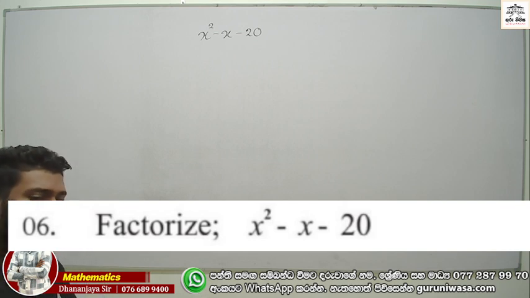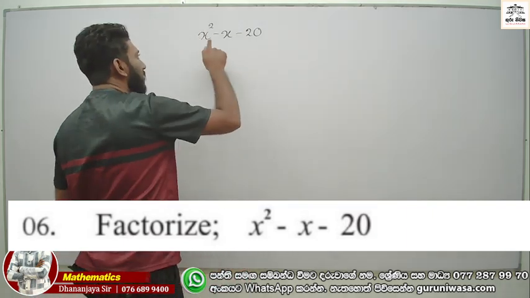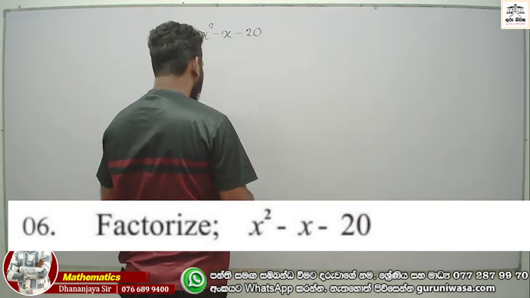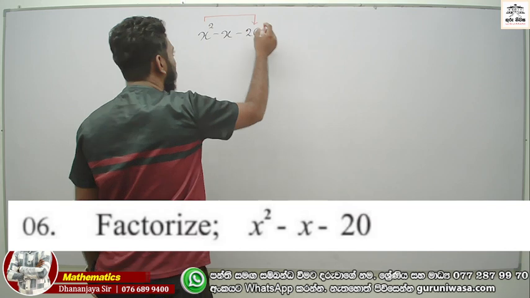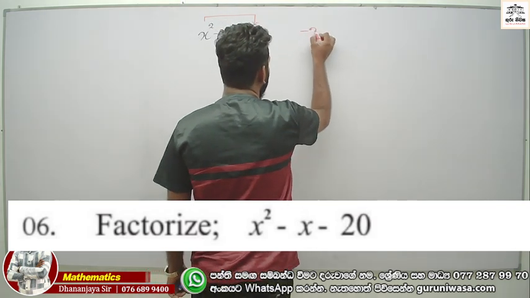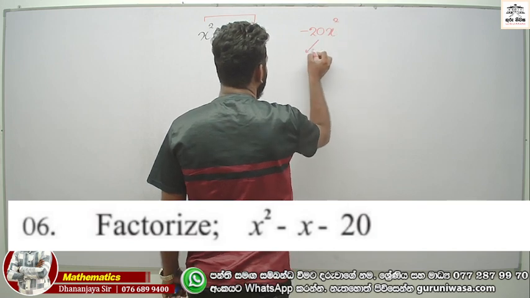Now I have to discuss. Your answers are correct, right? Well done. Because look at this one. The orders are correct, and the first term into the last term you have to multiply. Now the answer becomes minus 20x squared. It becomes a negative.